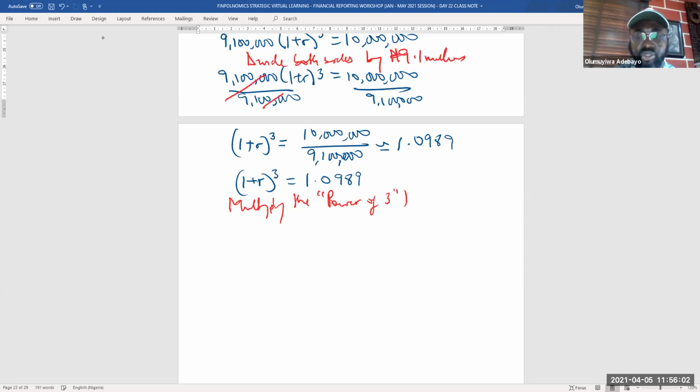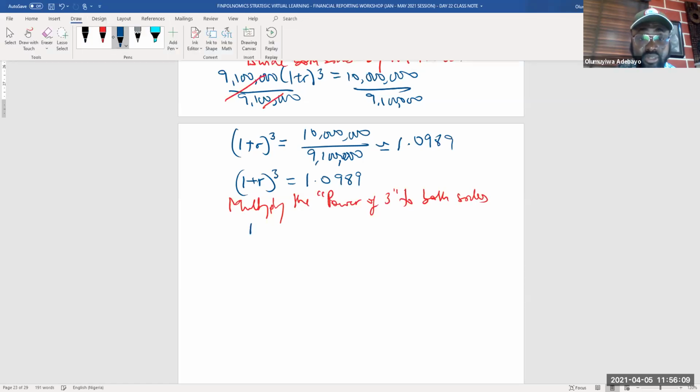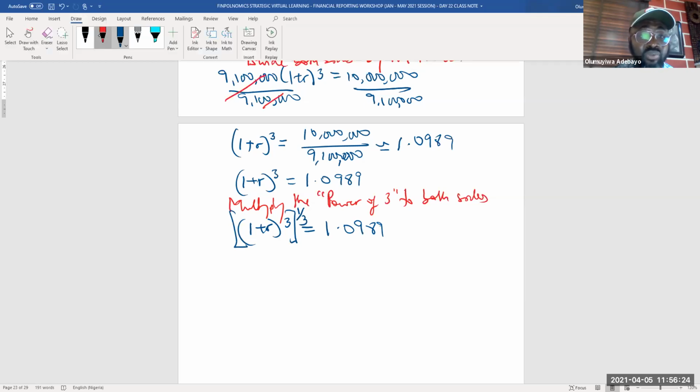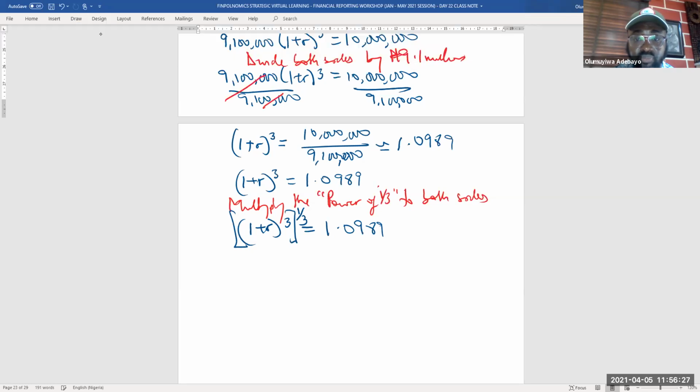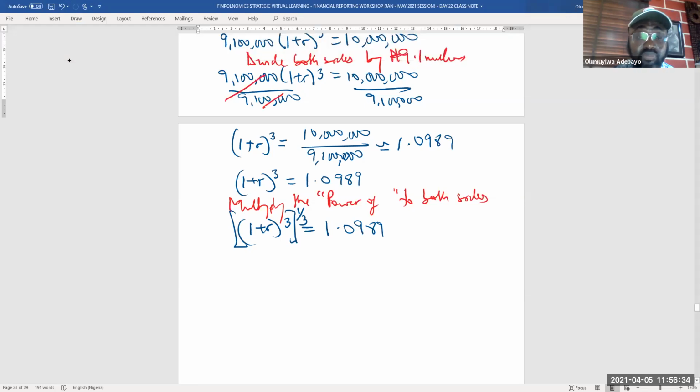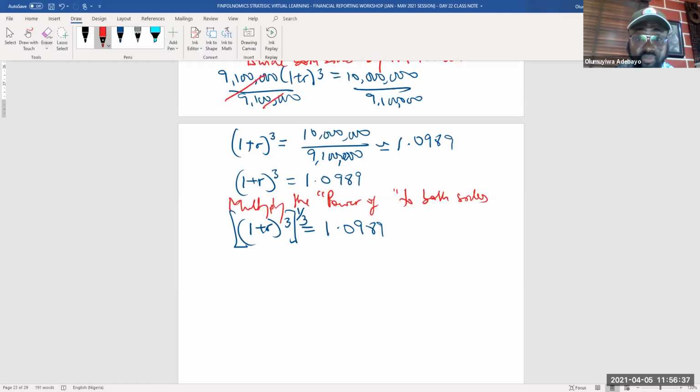Therefore, 1 plus R raised to the power 3 originally equals 1.0989. Raising both sides to the power of 1/3, sorry, not the power of 3. The power of 1/3. Did I write it well?